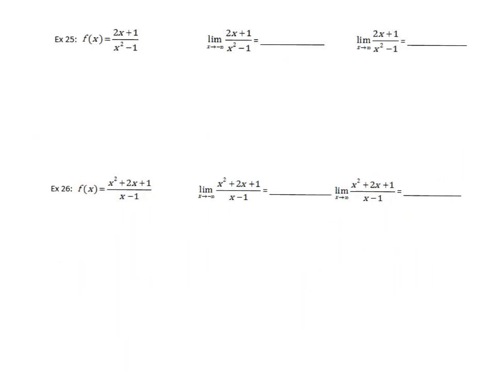Okay, so when I look at y equals 2x plus 1 over x squared minus 1, and I graph it, my graph looks like this. You have a vertical asymptote at 1, a vertical at negative 1, and a horizontal at 0.